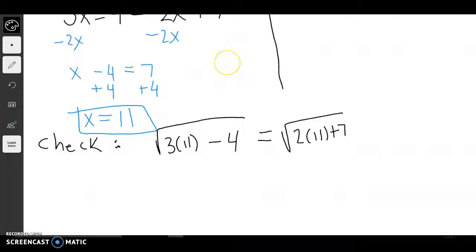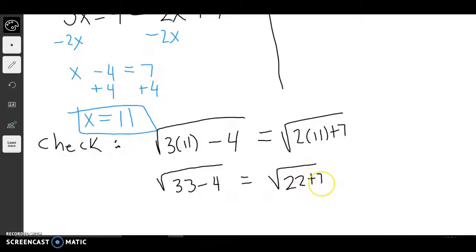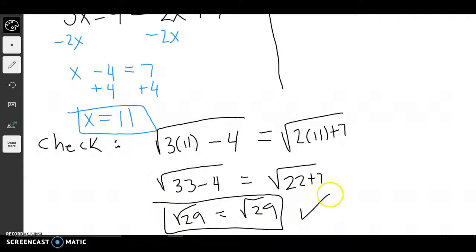Well, when we throw that in, that would be the square root of 33 minus 4 is equal to the square root of 22 plus 7. And that would give me the square root of 29 is equal to the square root of 29. Oh! This checks out. That is correct. So again, at the very end, plug everything in, make sure it works, and everything checks out.